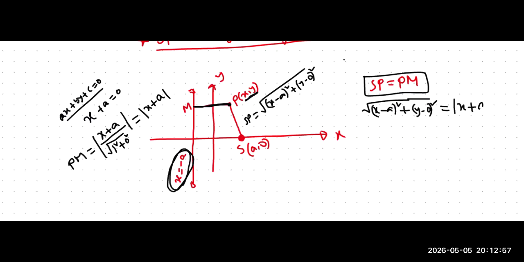Basically, this is a representative point. If point P is x1, y1, then our PM distance is x1 plus a. If point P is x2, y2, then the PM distance is x2 plus a. In general, if the point is x, y, then the PM distance is x plus a. So this is true for any point x, y.